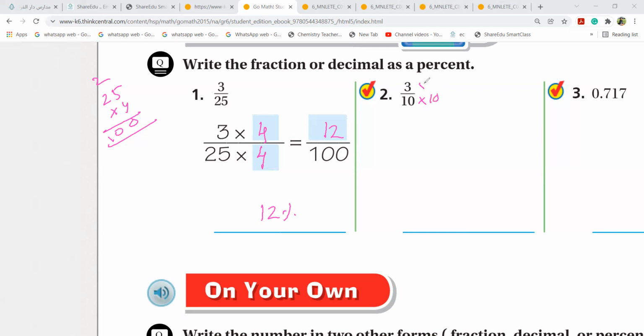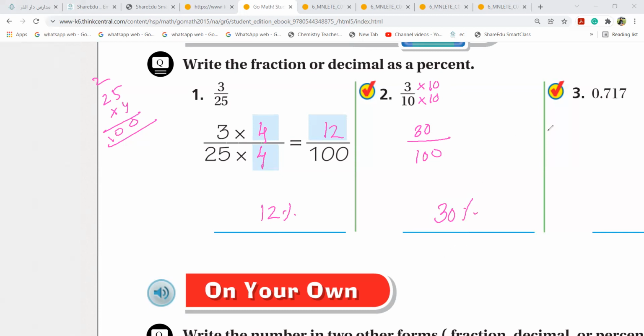Very good. So same thing, you're multiplying the denominator and the numerator. 3 times 10, what do you get? 30. And the denominator 10 times 10 is 100. So how much is the percentage? 30%.